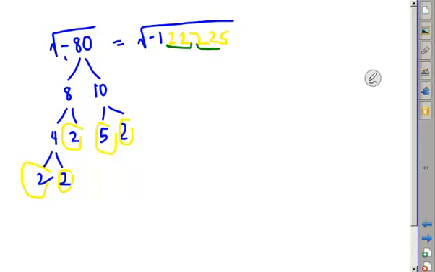We have a pair of 2s here. All of these together are 16. Square root of 16 is 4i square root 5. And of course, we don't want to forget our plus or minus.